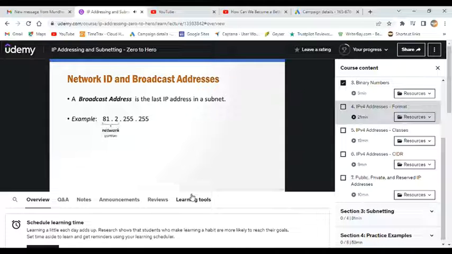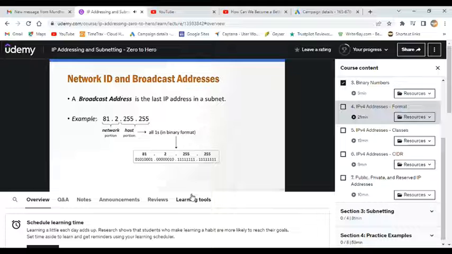So 81.2 is the network portion, and 255.255 is our host portion. Hopefully you can notice our host portion this time is filled with ones, and this is what it looks like in binary format. We have 8 ones in the third octet and 8 ones in our fourth octet.